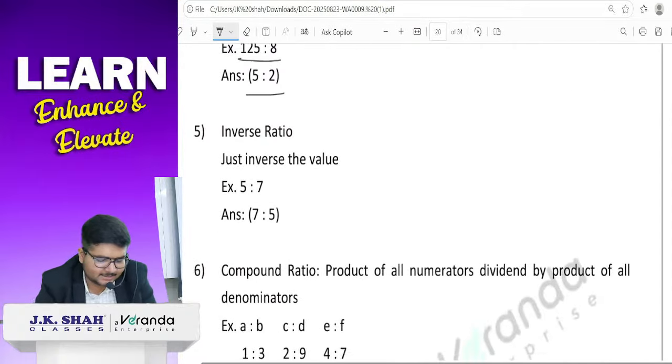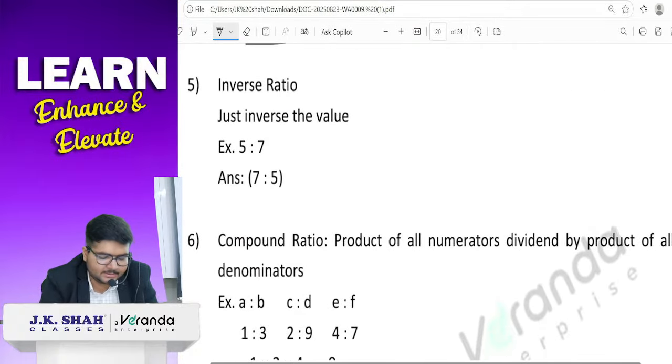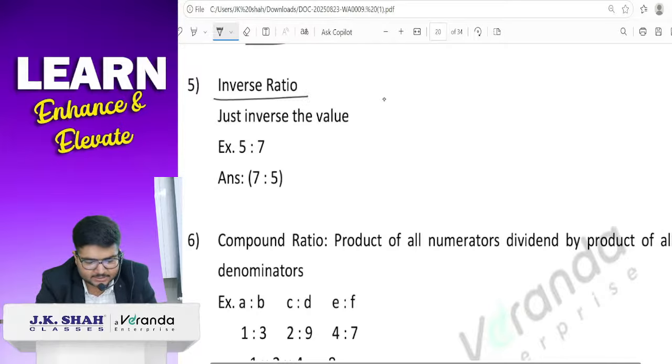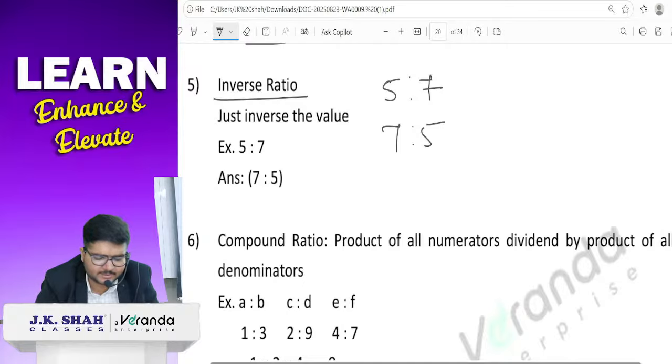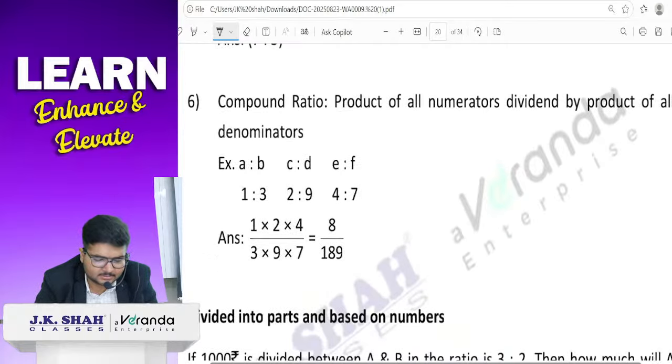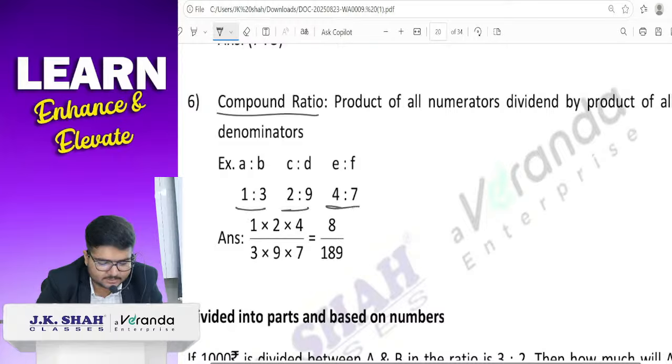Very easy. And the easiest is inverse ratio. If it is 5:7, the inverse of this is 7:5. The most complicated among the types of ratio is compound ratio. They will be giving you 3 or 4 ratios and tell you to find out the compound ratio.